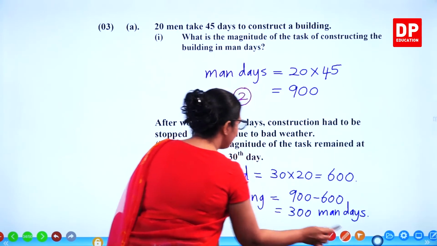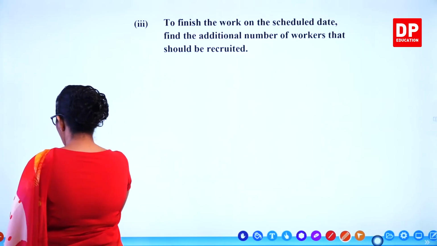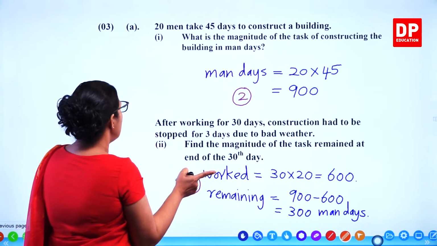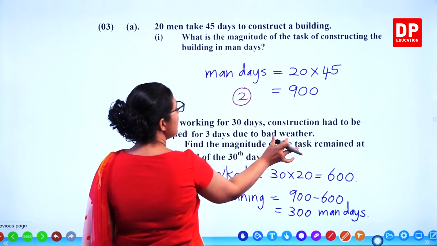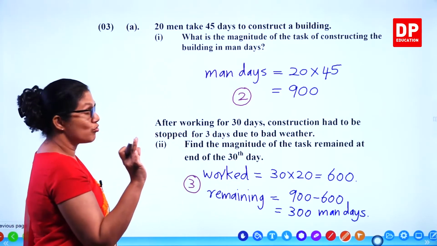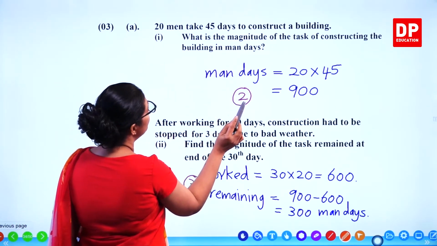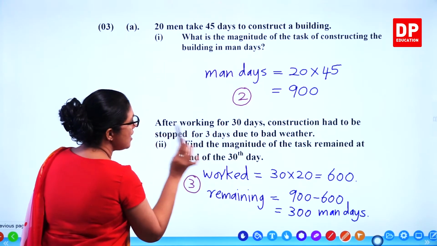The next one. To finish the work on the scheduled date, find the additional number of workers that should be recruited. So now 300 man days remaining and 3 days they stopped work. So they didn't do work. And earlier, how many days? 30 days worked.